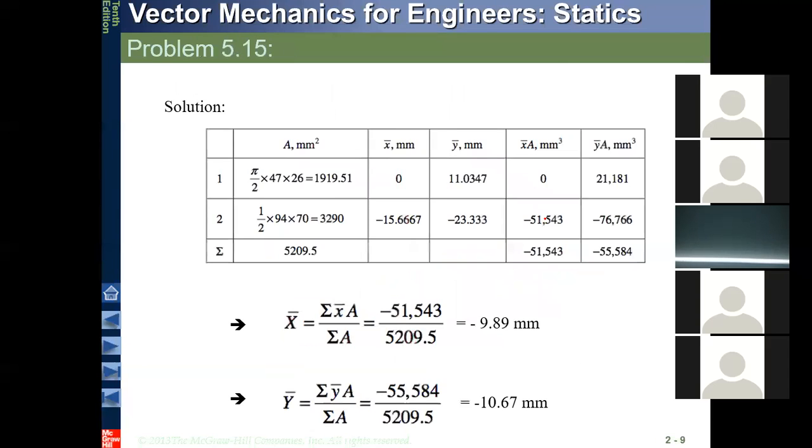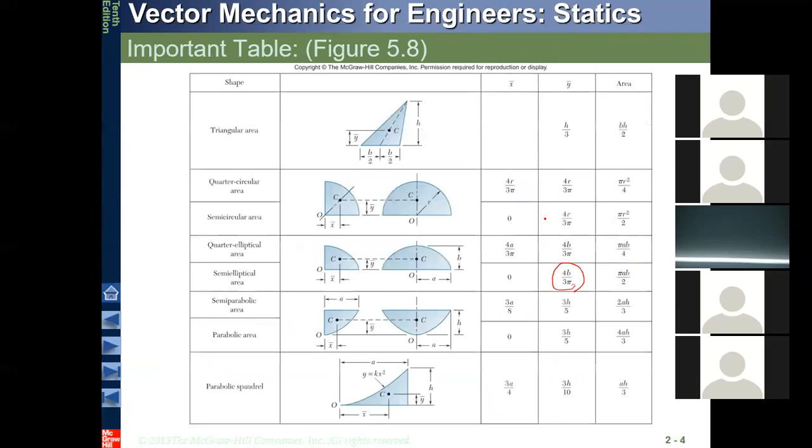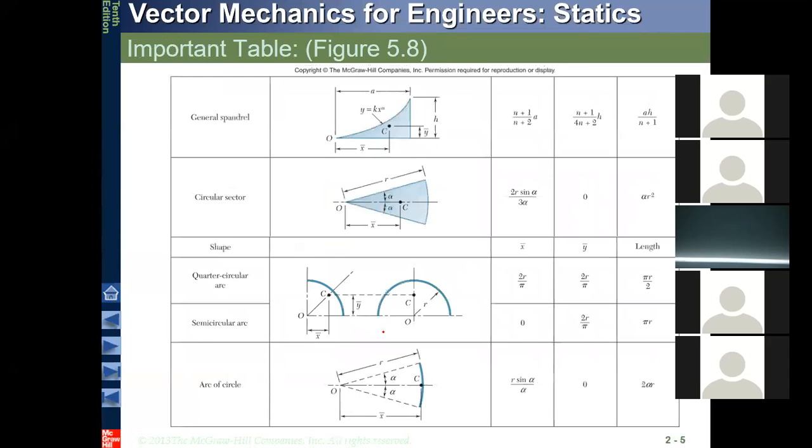So if you refer to the table for different shapes, then you have the parabolic area and semi-parabolic area. For the semi-parabolic area, it is assumed that at O you have the vertex of the parabola. So the slope at O is 0. And this is kind of important.